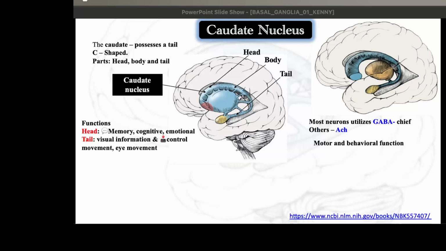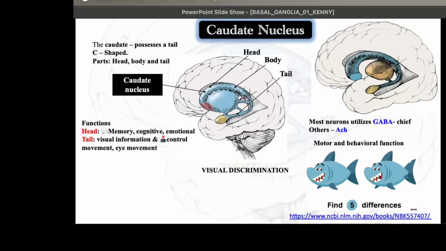And the visual discrimination information is processed partly by the tail of the caudate nucleus, which has a relationship with the temporal lobe of the brain. So that is the visual discrimination. And if you have damage to this visual discrimination part of the caudate nucleus, for example, you will not be able to tell differences between two pictures or differences between two images.